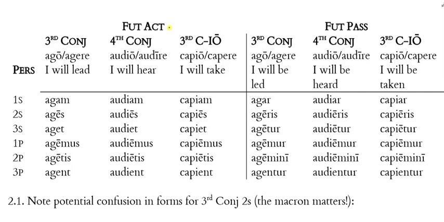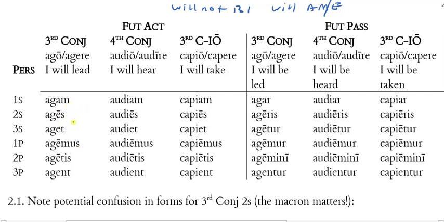So recall, first and second conjugation futures will be B, third and fourth conjugation futures will not be B, but will be E. They will be E. Okay, so no B's here in the future active. So just to review here, so instead of agebo or something like that, we get agam, agam.